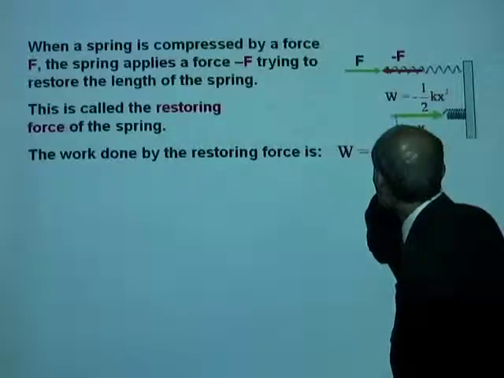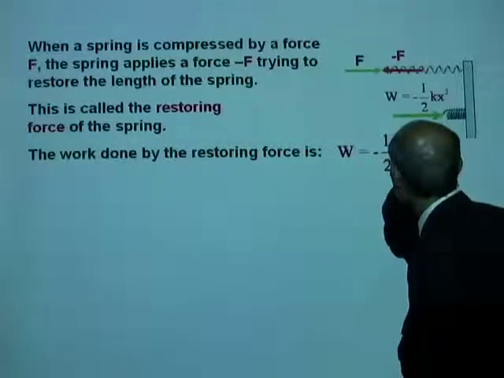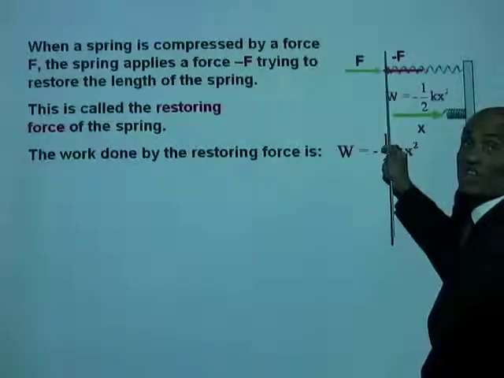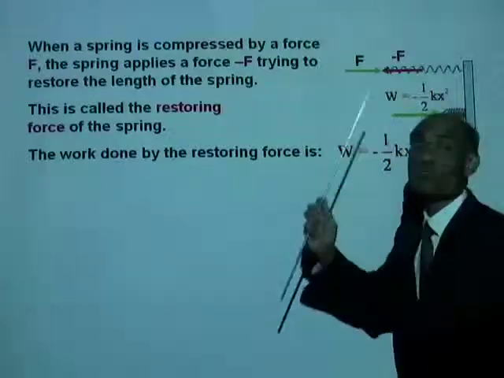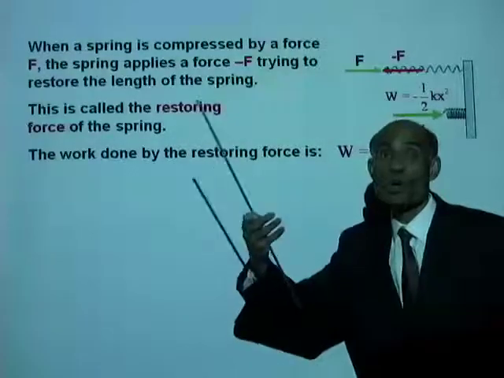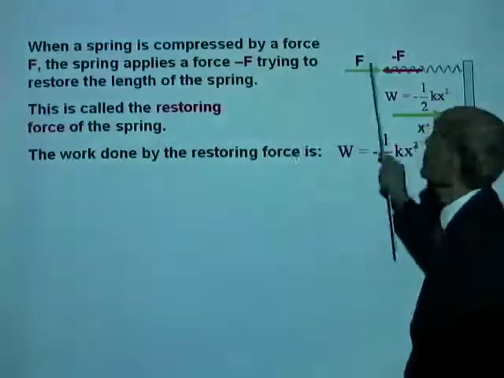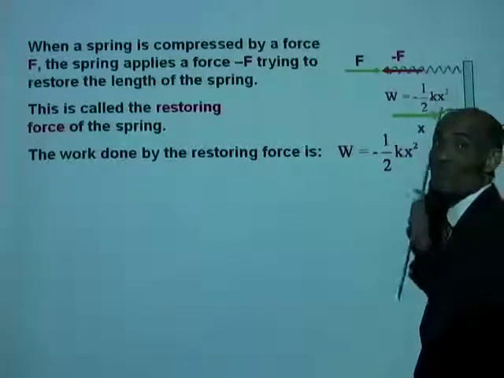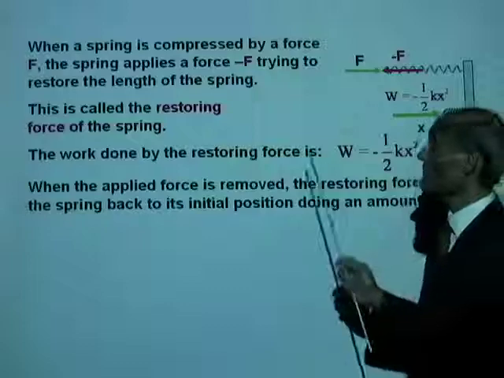The amount of work done to compress the spring by a distance x, the work done by the force applied by the spring called the restoring force, is negative 1/2 kx squared.